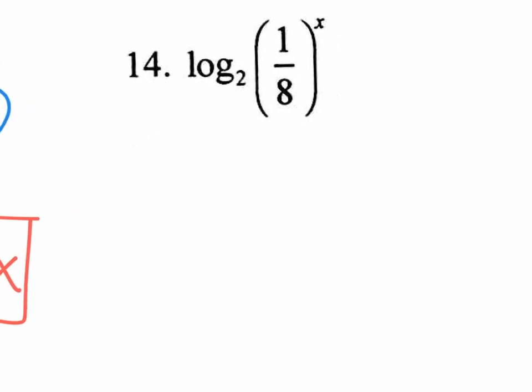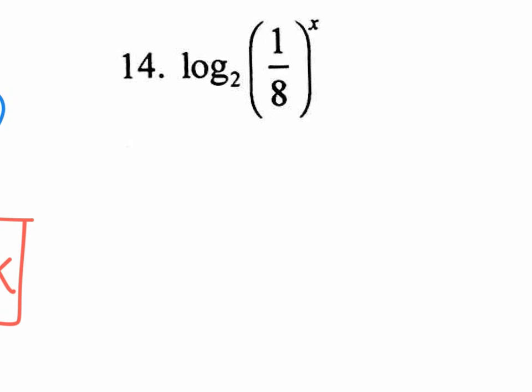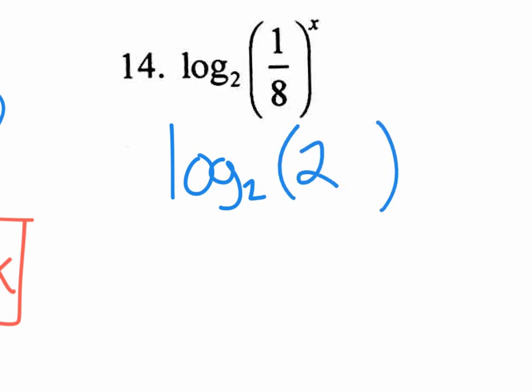14 is interesting because right here I have log base 2, and it would be nice if I didn't have a 1/8, but if I actually had a 2. Now, how the heck am I going to change a 1/8 to a 2? 2 to what power gives me 1/8?